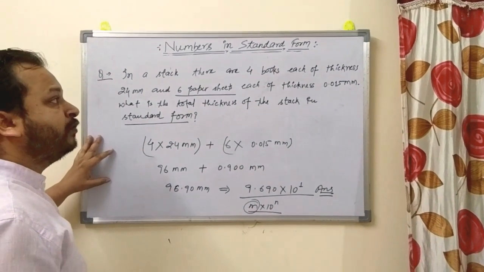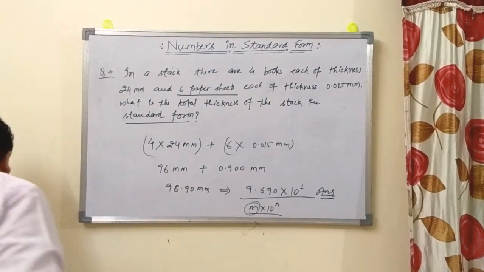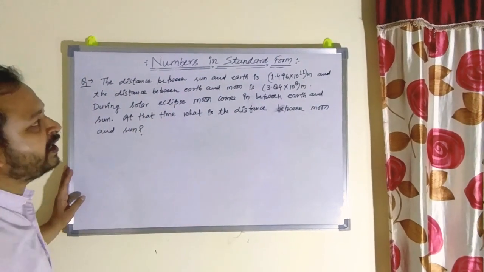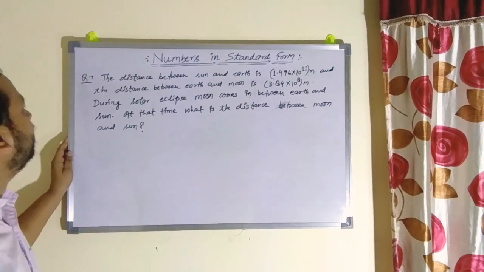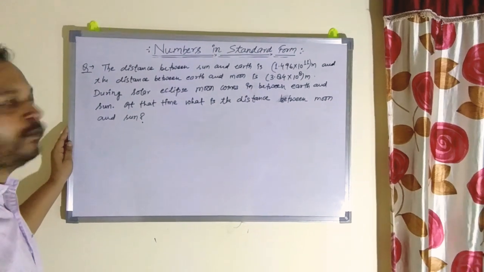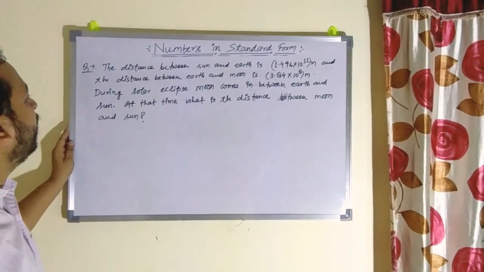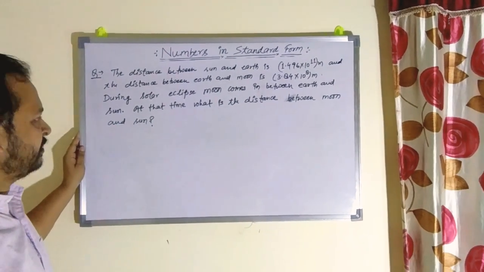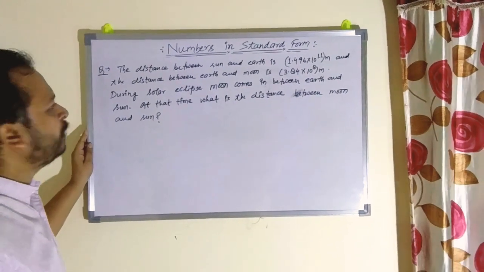After that, I am giving you one word problem question. You have to solve it. So the question reads as, the distance between sun and earth is 1.496 into 10 to power 11 meter, and the distance between earth and moon is 3.84 into 10 to power 8 meter. During solar eclipse, moon comes in between earth and sun. So at that time, what is the distance between moon and sun?